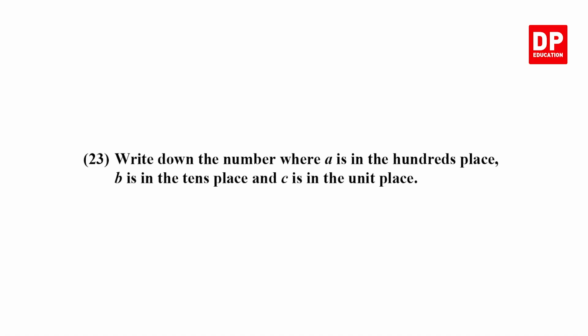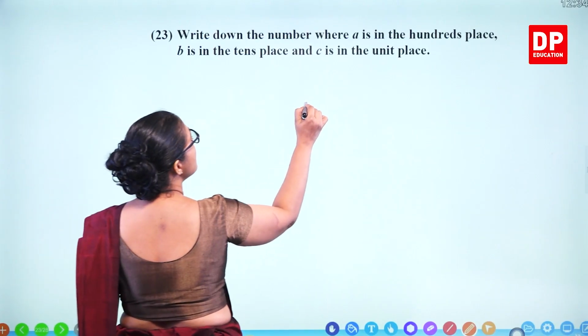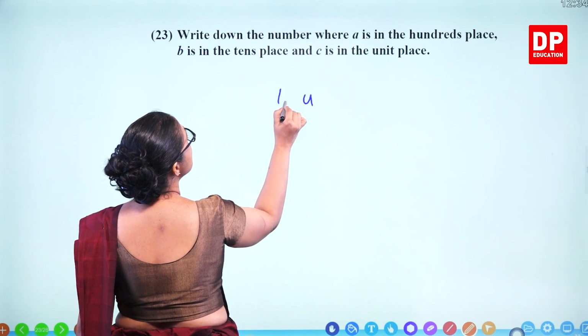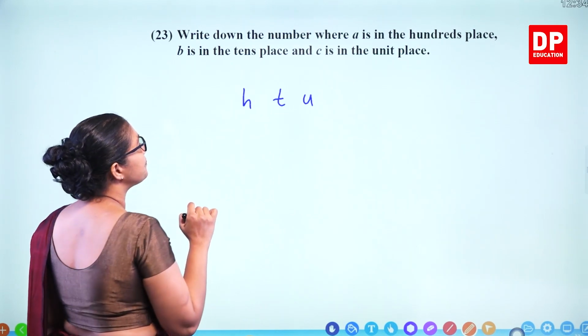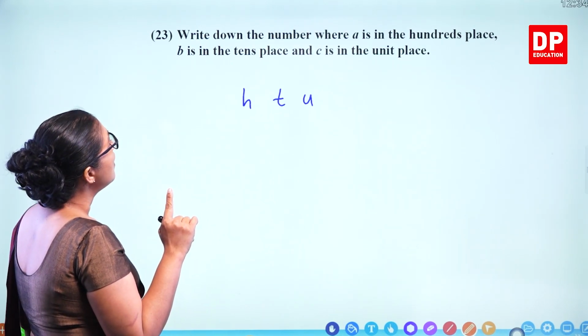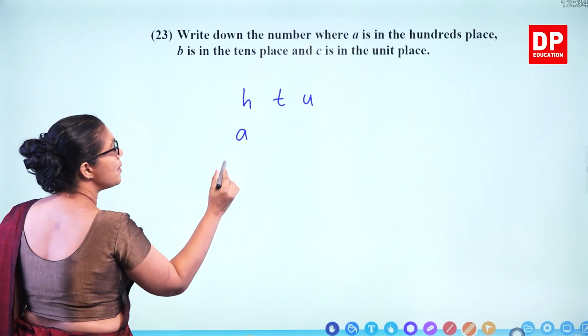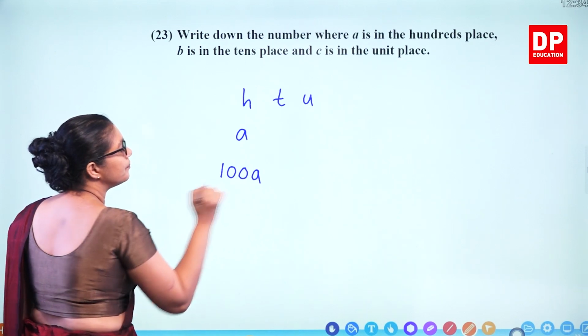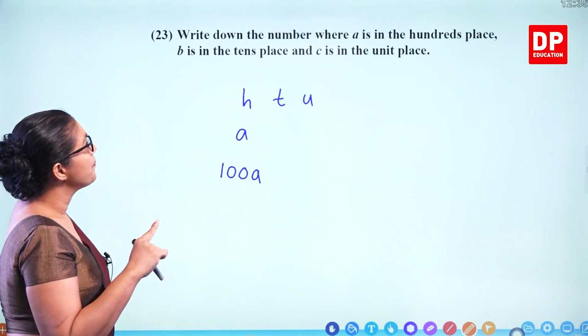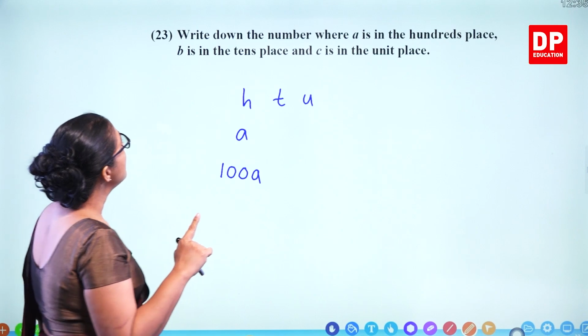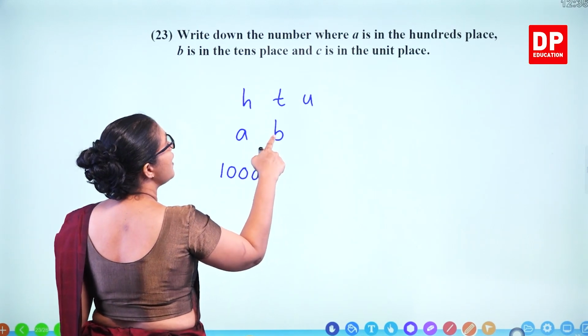Question number 23. Write down the number where A is in the hundreds place, B is in the tens place, and C is in the units place. Units place, then tens place, hundreds place. A is in the hundreds place, so that means actual value is 100A. 100 times A. B is in the tens place, so what's the value?